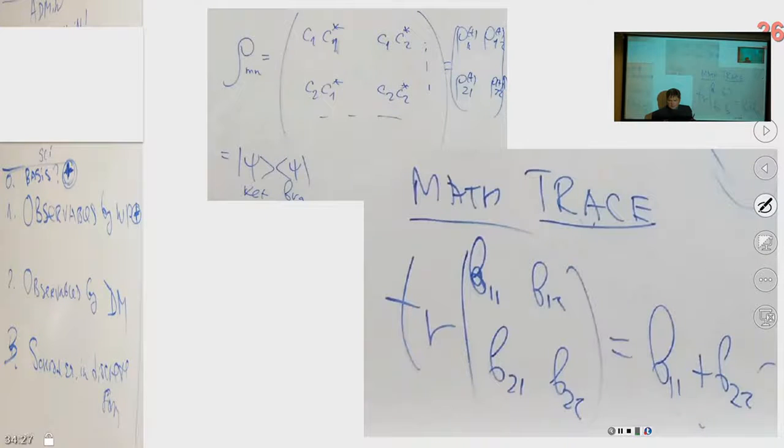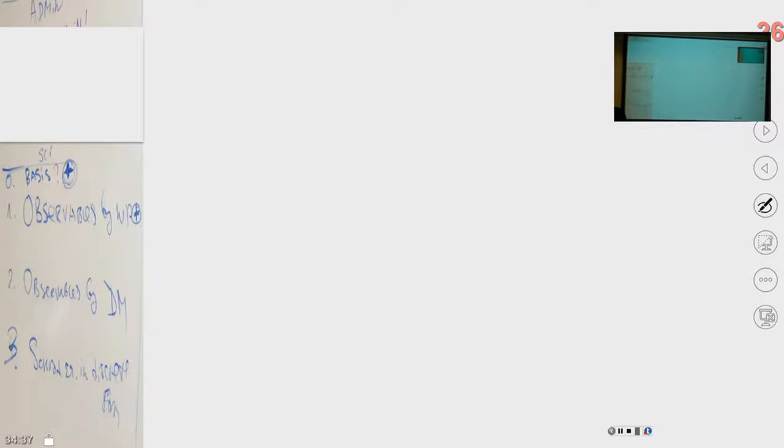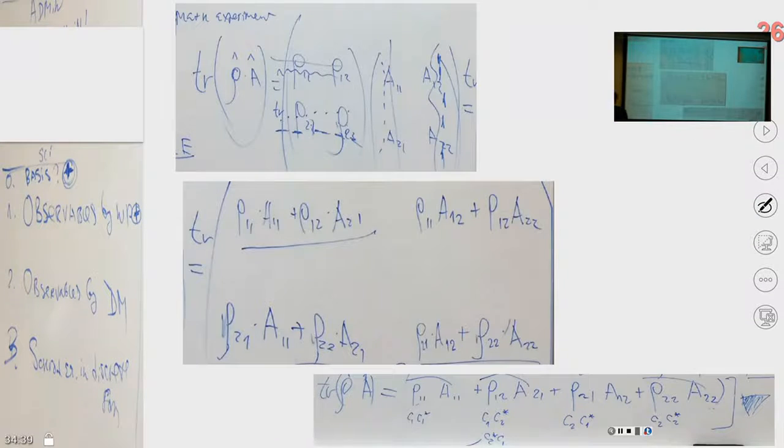Here's a little definition from linear algebra. If you have a matrix, the trace of the matrix is the summation of diagonal elements. So, lean back, relax, it is secondary information, not important. If you are taking notes, you can take your pen off the paper.